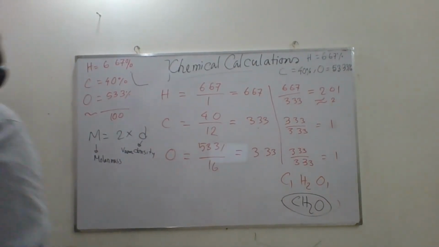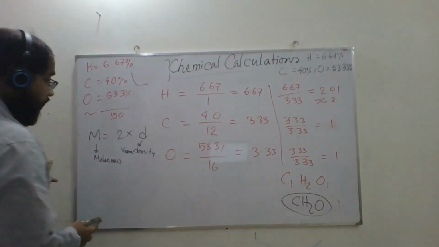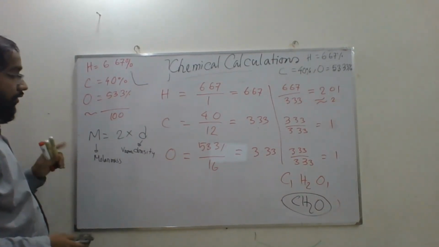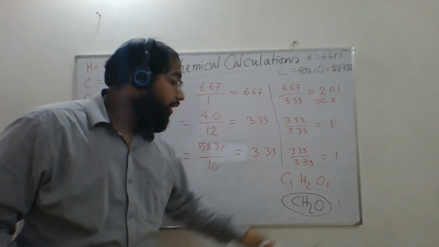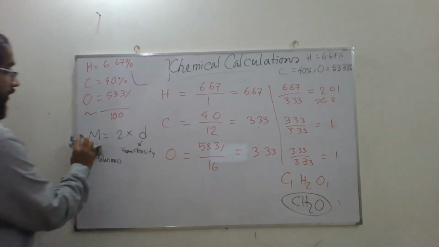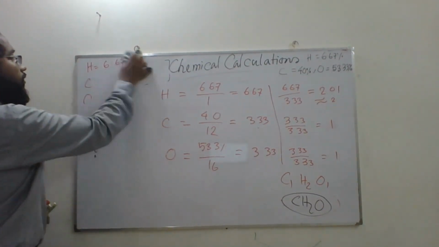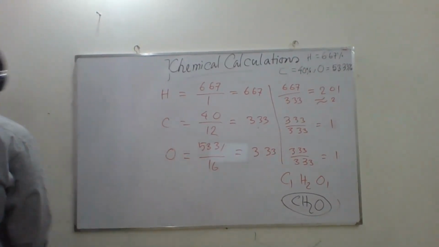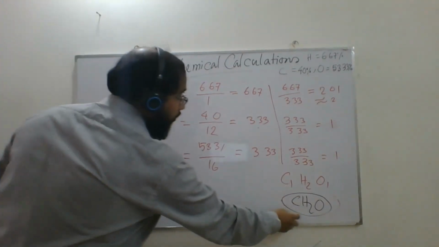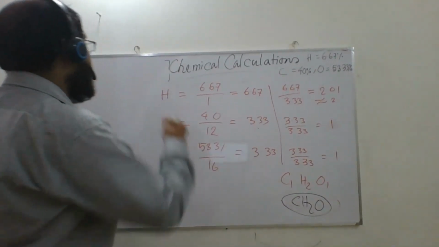So how will you calculate the formula? Suppose in this case they give us the molar mass. Now they said the molar mass of this compound is 180 gram.